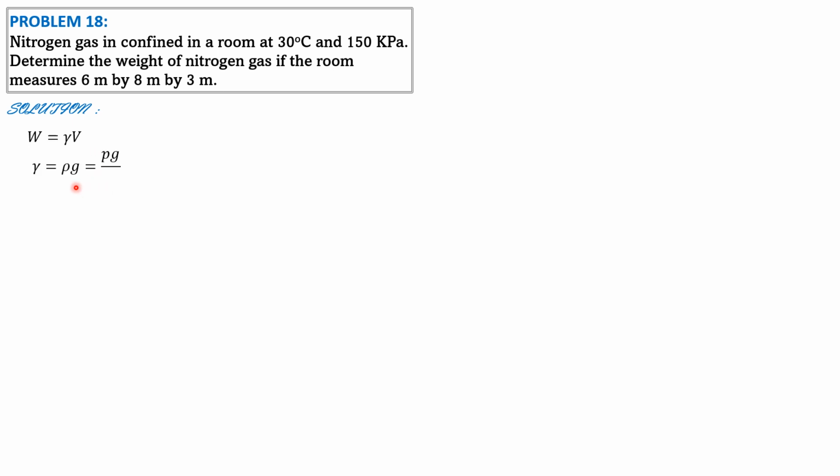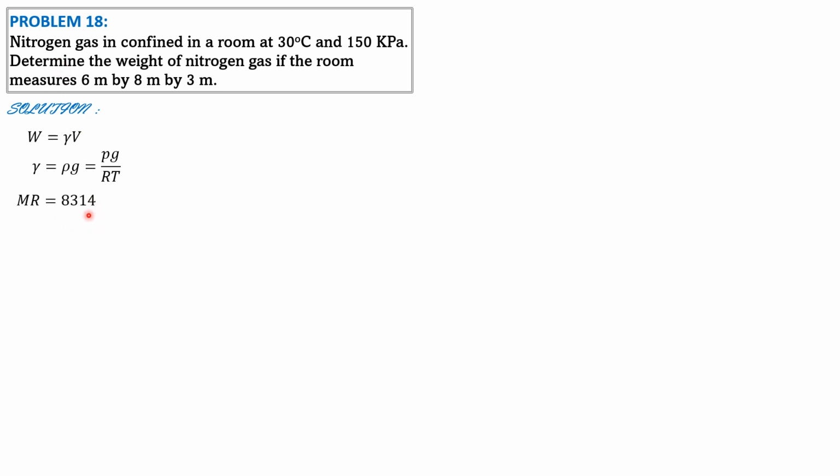Specific weight is rho times g, or pressure over RT times g, where the density is absolute pressure divided by RT. The gas constant of nitrogen is solved first. So nitrogen gas, the molecular mass is 14 times, there are 2 atoms again.